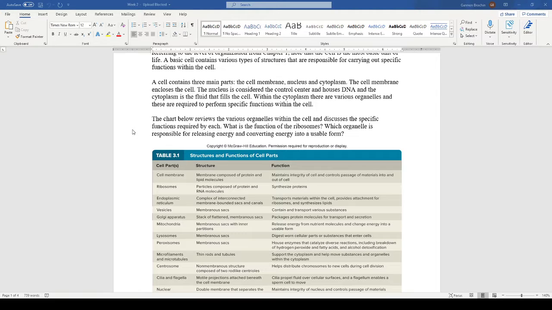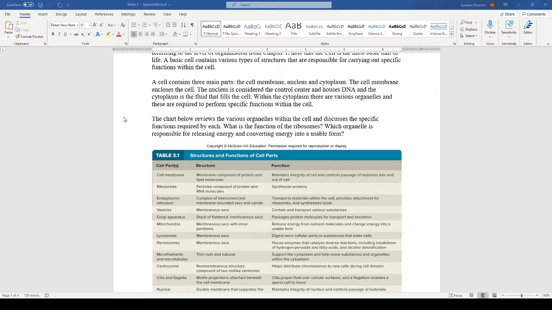It needs help. Okay. So the cell membrane is going to be the outermost layer. I don't want to say cell wall, because cell wall is actually a completely different organelle that we don't have in humans. It's something that typically plants and bacteria have. But it's the outer protective layer of the cell.